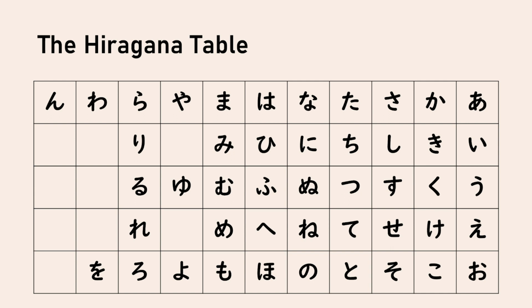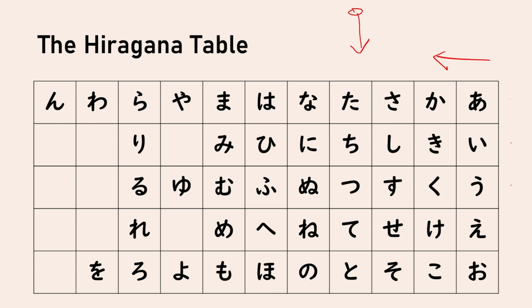Okay? So I believe you have seen this kind of table, the hiragana table. The hiragana table here goes A, I, U, E, O, and then going from right to the left, like this. You can find some Japanese books which write from top left going downward, but it depends.